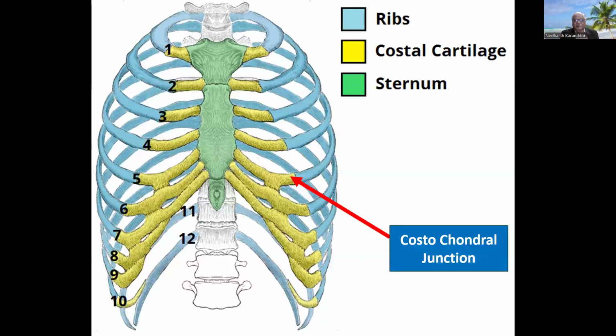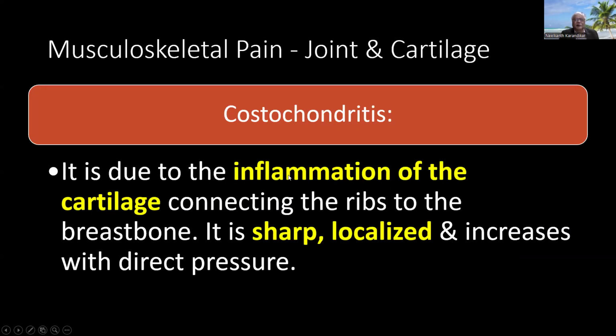Now let us come to the rib cage, which is again very close to the heart. Here the rib is shown in blue, the cartilage which connects it to the breastbone in yellow, and the breastbone in green. The junction of the rib and the cartilage is called the costochondral junction, a very common area where pain can occur, and that is due to costochondritis.